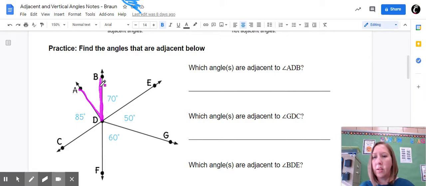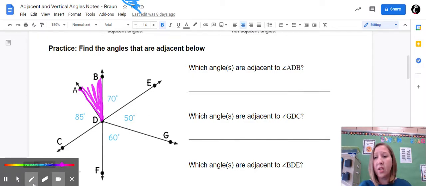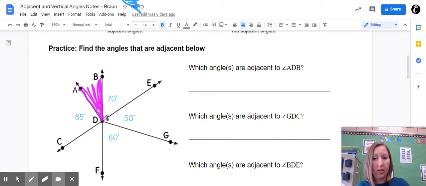Remember that all of this in here makes up that angle. If I want to look for one that is adjacent to ADB, the two easiest to find would be looking just, again, at sharing the same vertex and sharing a common side. So BDE would be one. So I'm going to write that as angle BDE.